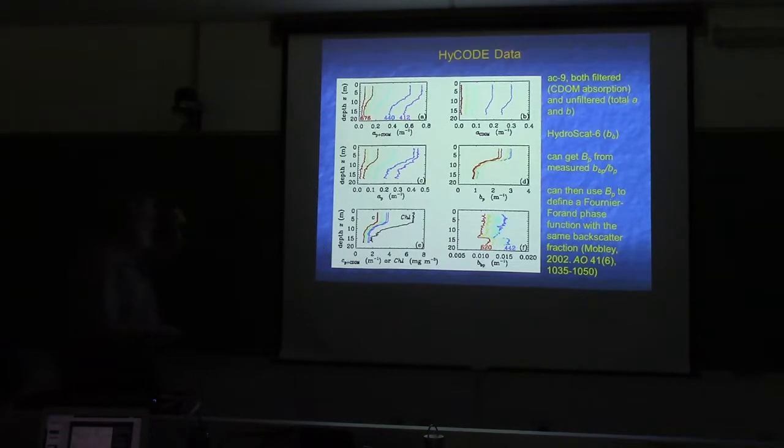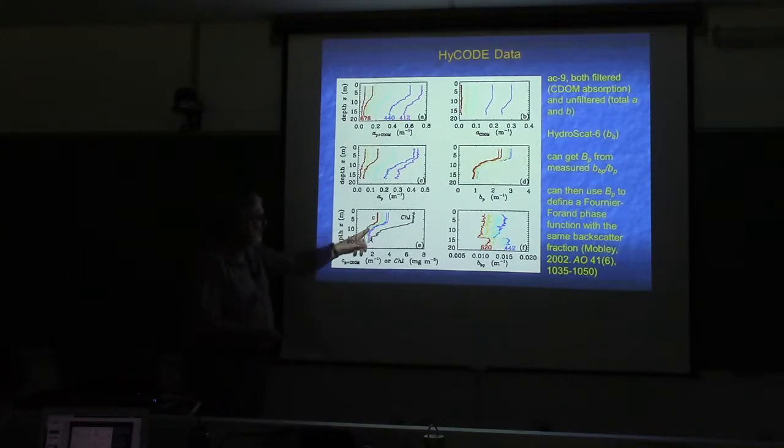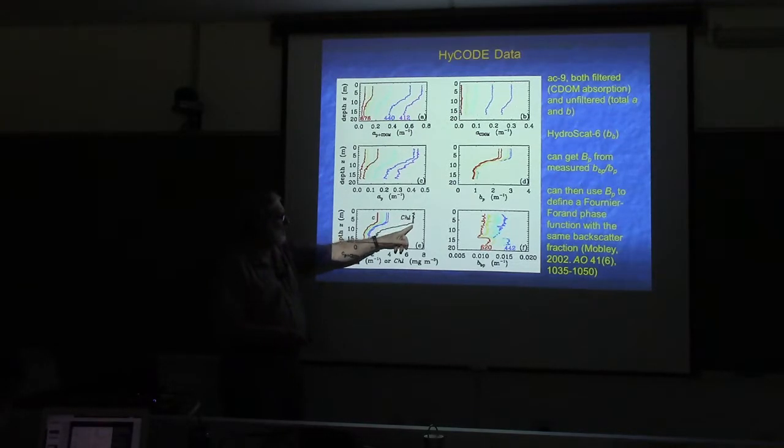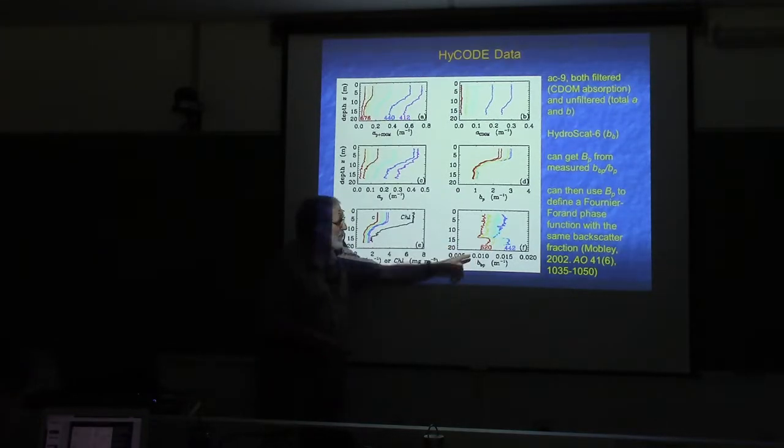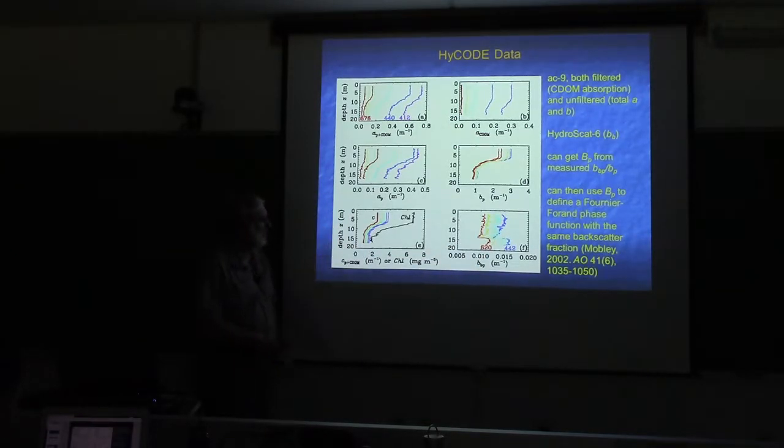And then here's just a plot of beam attenuation and chlorophyll. So a lot of chlorophyll at the surface, not much chlorophyll at the bottom. No little bump in chlorophyll that would explain this. So that's why we figured that's probably sediment. It doesn't show up in the chlorophyll.